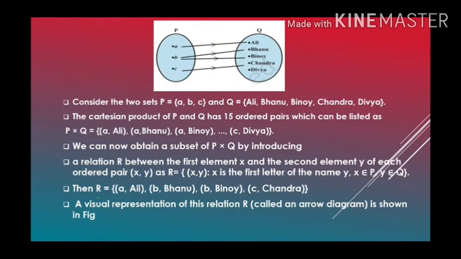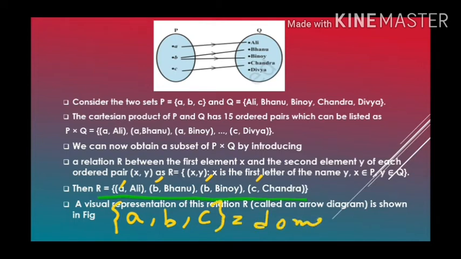Look here, this is the relation R. Now if you collect all the first elements from the pairs, it will be the collection of A, B and C. This set is equal to the domain of the relation.